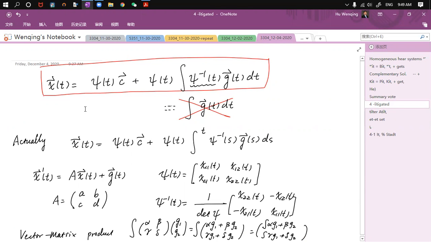So this is a very important lecture, and I hope you will be able to grasp it. In particular, you must keep this formula in mind.